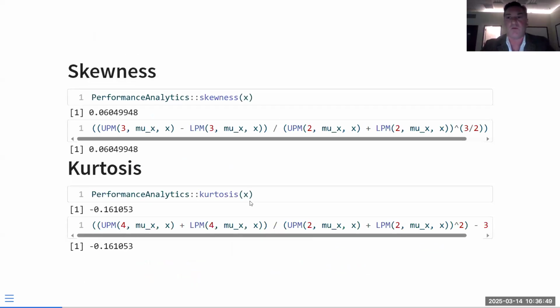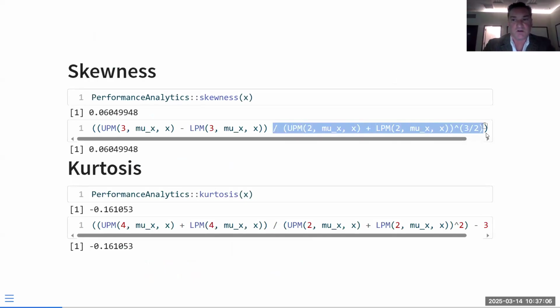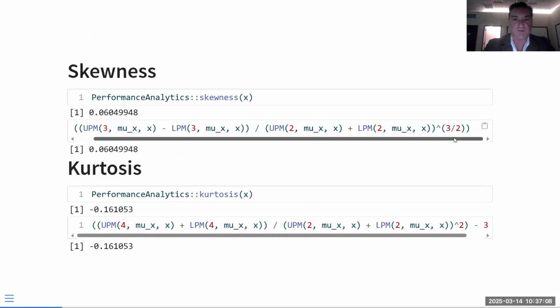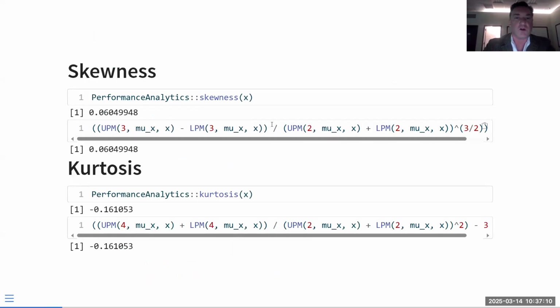Skewness, we can break this down into partial moments as well. And here's the corresponding skewness calculation from the PerformanceAnalytics package. What you notice here in the partial moments recreation of skewness is you renormalize these third degree partial moments.